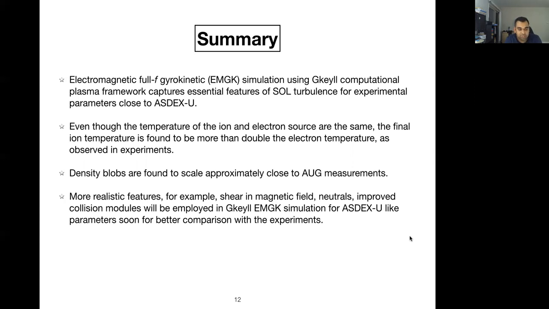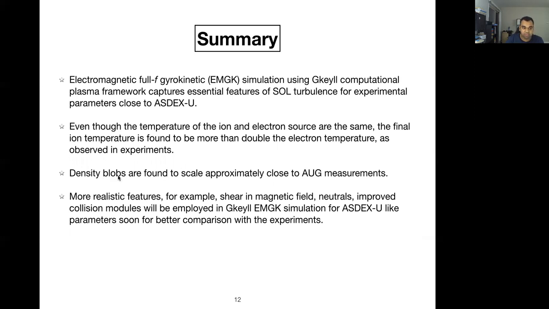One interesting thing is, even though we start with a similar temperature profile of electron and ion temperatures, at a similar temperature value at the separatrix region, the self-generated profiles show that the final ion temperature is more than double the electron temperature, and this is something that we find from the experiment also.